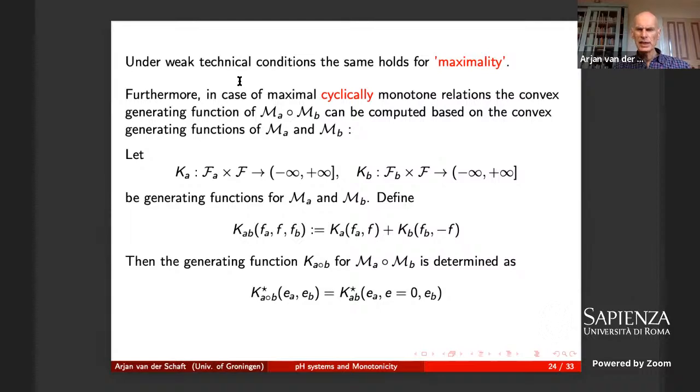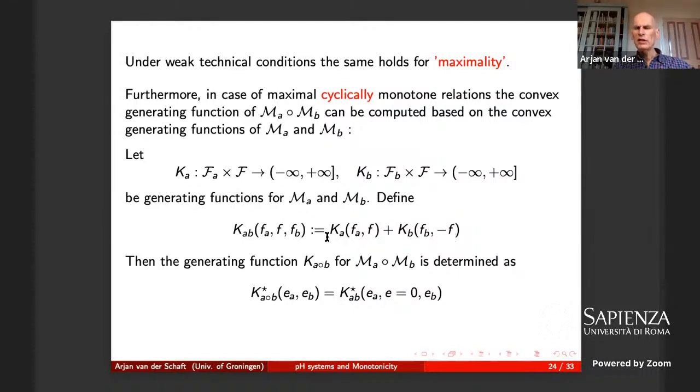What is also nice is that in the case of cyclically monotone relations, the convex function corresponding to this composition can be computed based on the convex functions corresponding to MA and MB. The construction is sketched over here. If we have this Ka and this Kb, then we define this Kab like this.